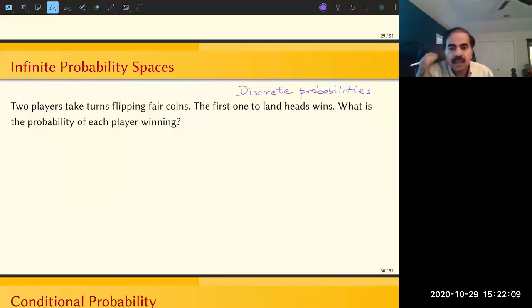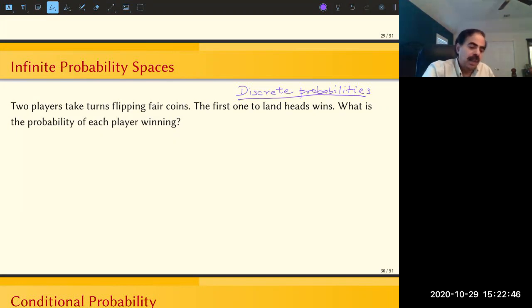So very often you work with continuous probabilities, which means that you work over a set such as the set of real numbers, right? So those sets are uncountably infinite. So when we talk about continuous probabilities, we are working with uncountable sets. So when we say we are working with countably infinite, another way of saying that is that we are working with discrete probabilities.